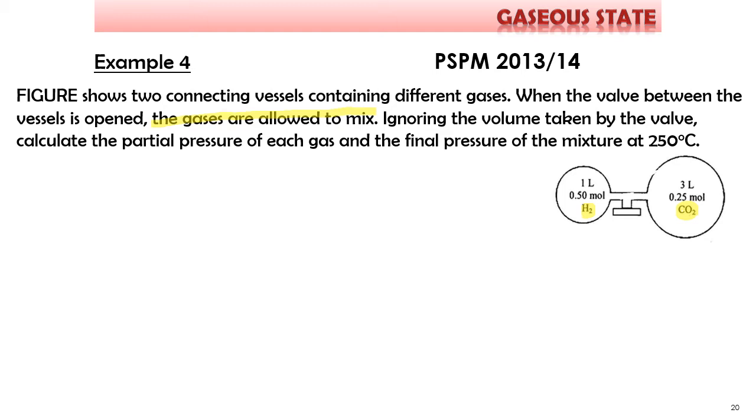So the two gases will mix, and this part of the question, by ignoring the volume taken by the valve, means you assume the volume occupied here is too small, so it can be neglected, and calculate the partial pressure of each gas and the final pressure of the mixture.